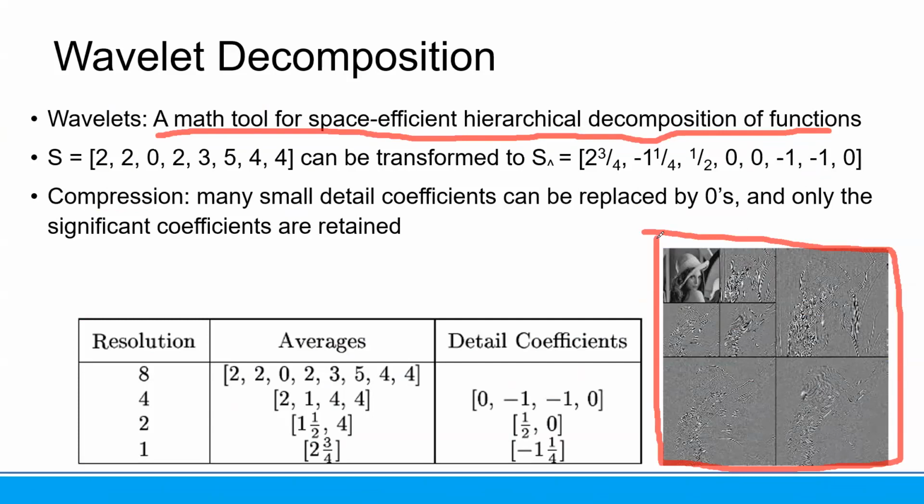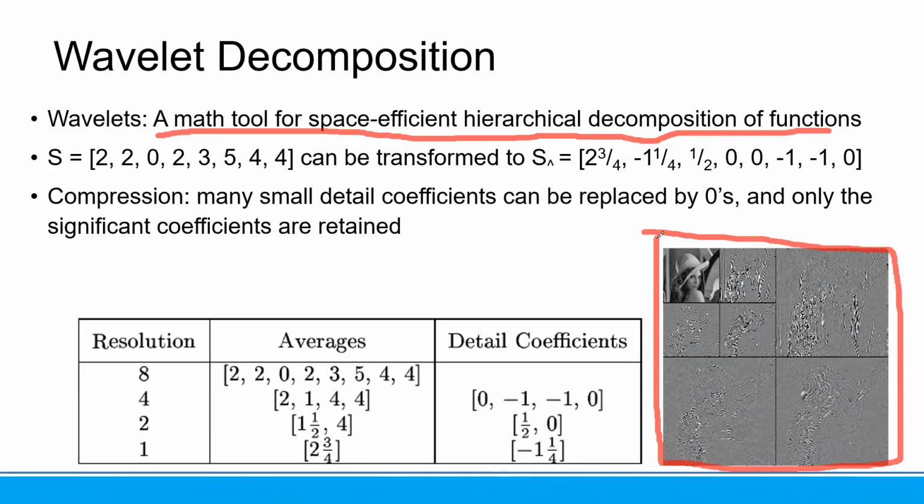I want to reduce the size of this figure, but the figure should stay the same. Even though the size is small, I can still see the face. So what is the way to reduce this? The wavelet is one of the ways.